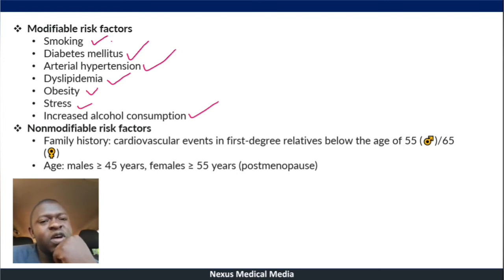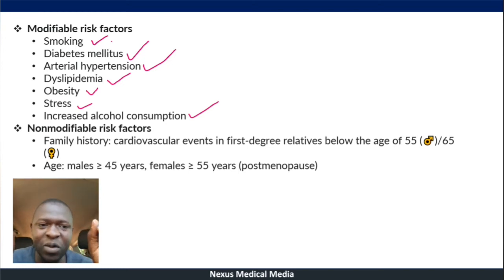Why? Because females have high estrogen. It reduces the cardiovascular events, the formation of atherosclerosis. Estrogen reduces that, so males are at more risk of having coronary artery disease than females.